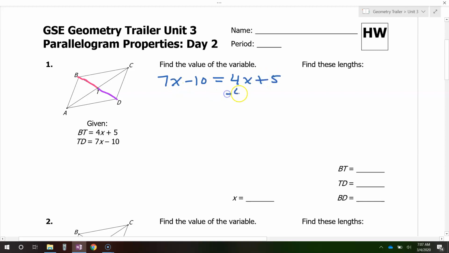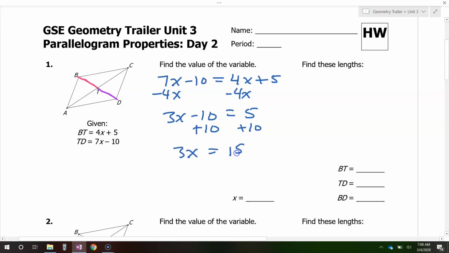And of course, we will solve this by subtracting 4x from both sides, and that will give us 3x minus 10 is equal to 5. And then we add 10 to both sides, and that will give us 3x is equal to 15. So when we divide both sides by 3, we end up with x equals 5. Now, we need to find each of these lengths.